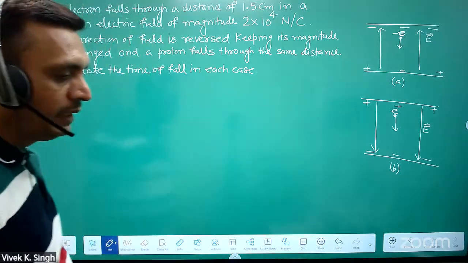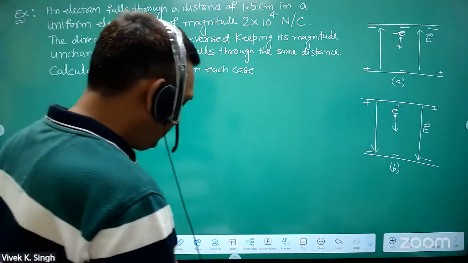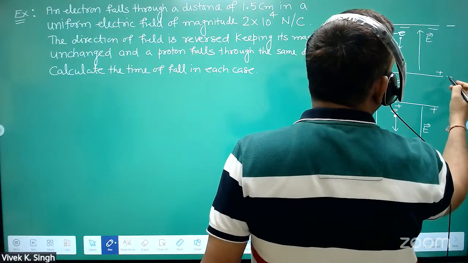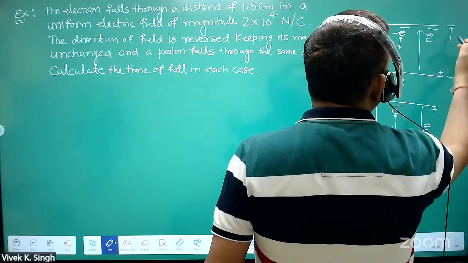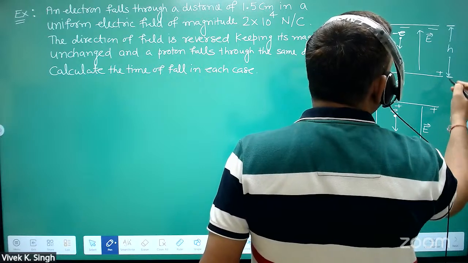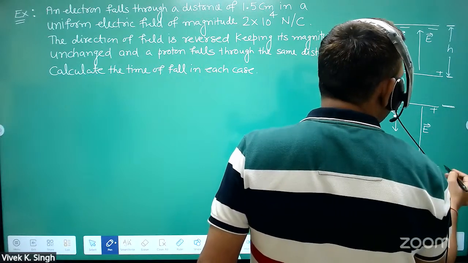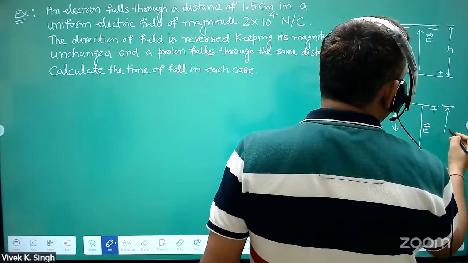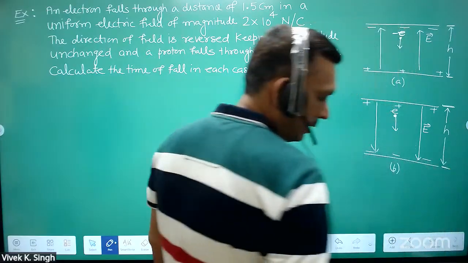Now you have to find the time of fall, and this length is the same. Let's say this is h, and this h is given in this case as 1.5 centimeter. ठीक है, ट्राई करो.